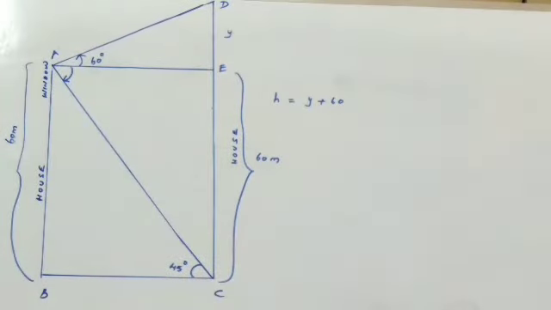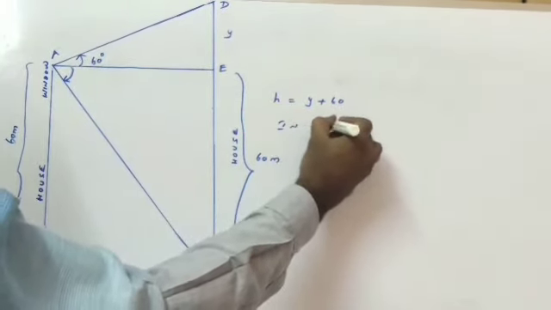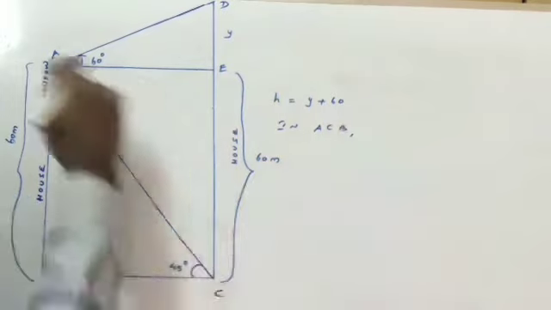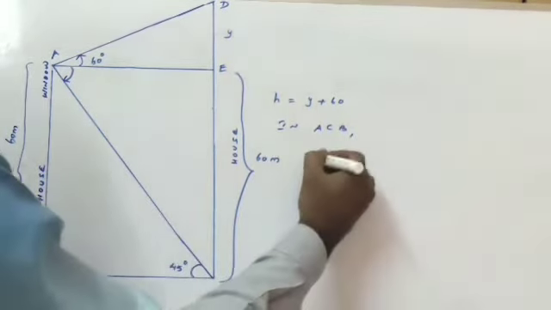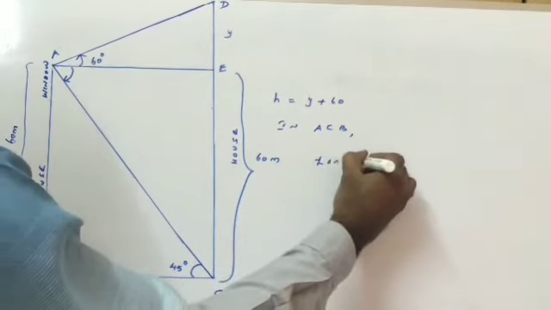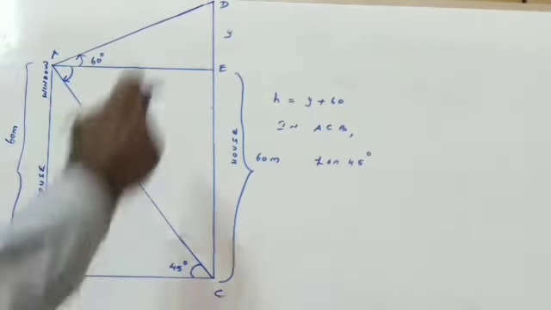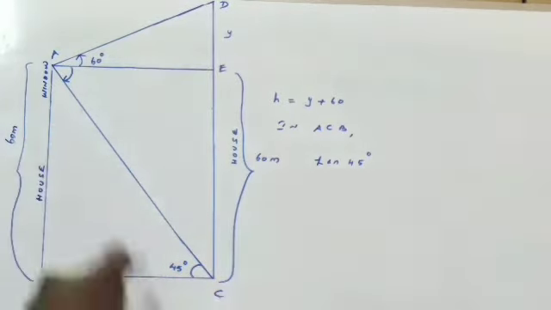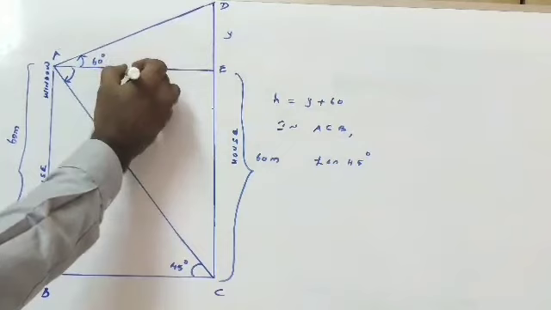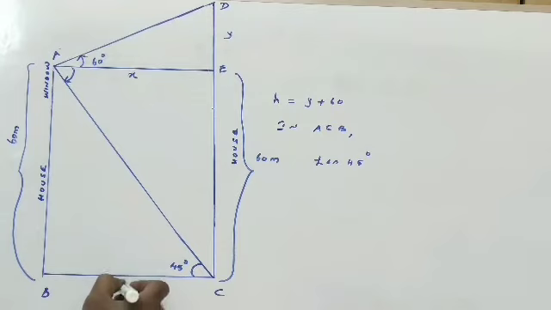Now consider the triangle ABC, you can write ACB also. In the triangle, angle ACB is 45 degree. So tan 45 degree, because we need the opposite side. We don't know the adjacent side, so put X for BC.